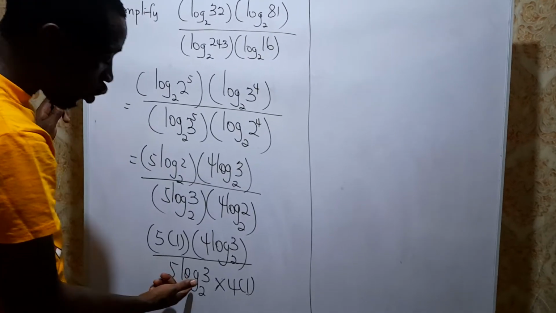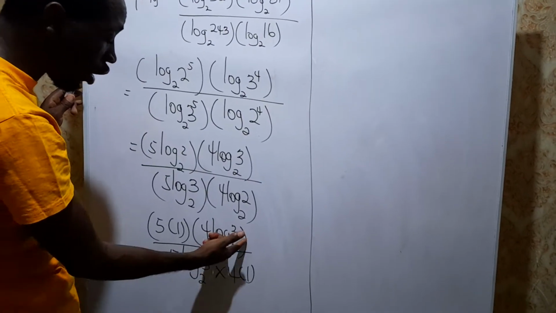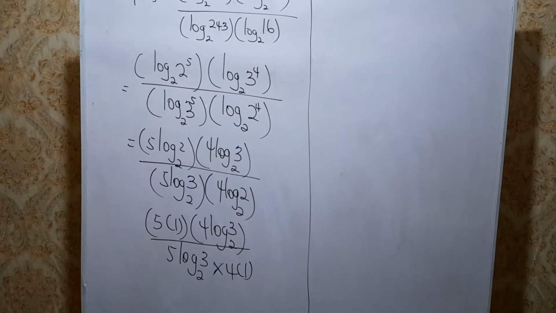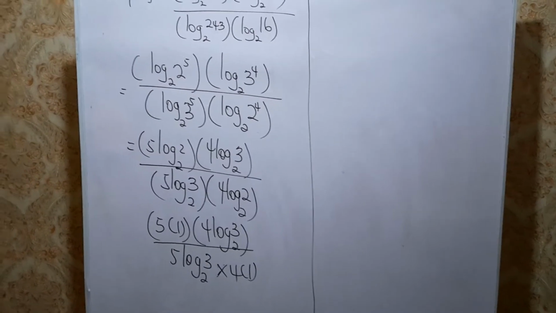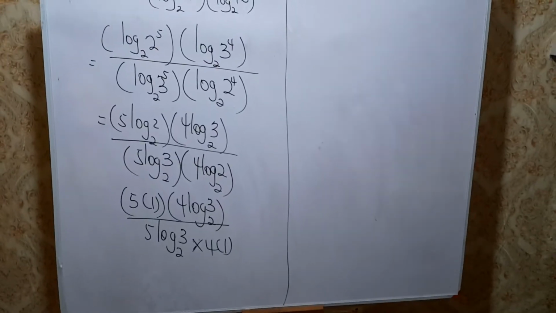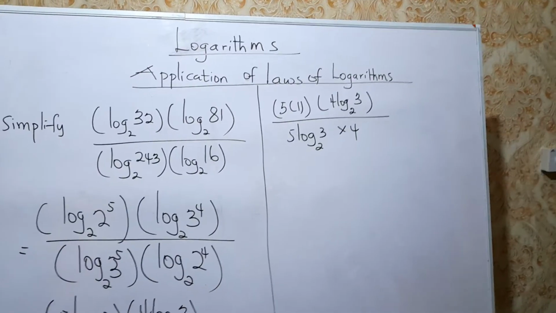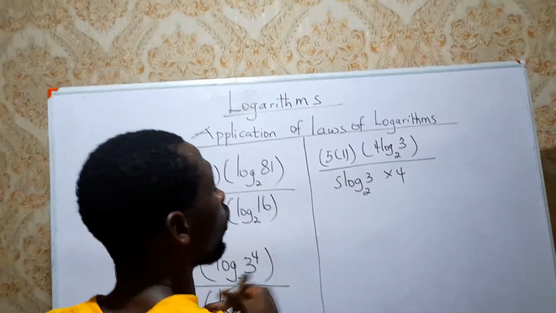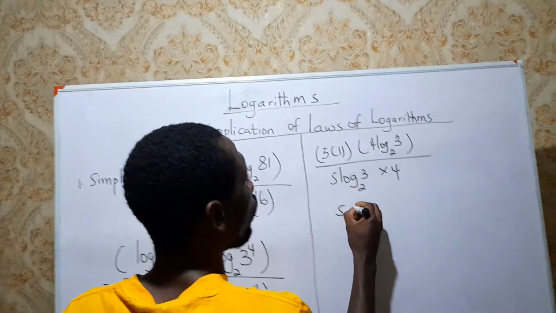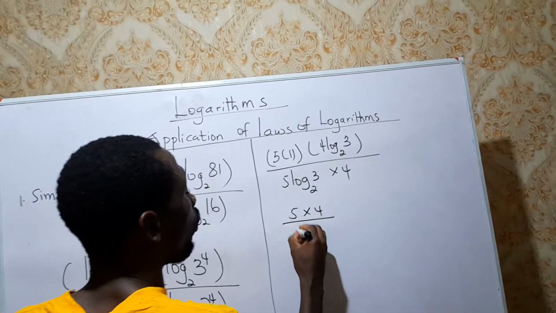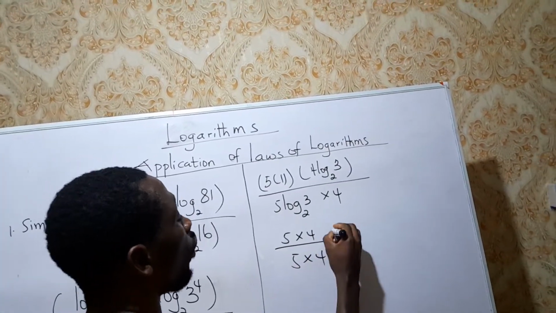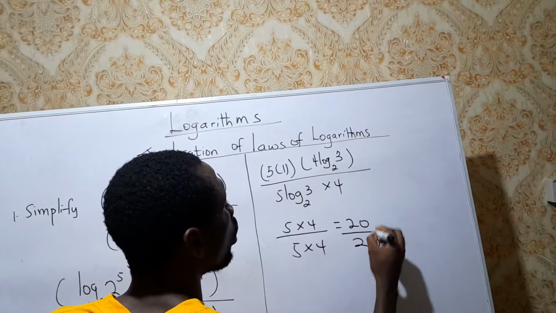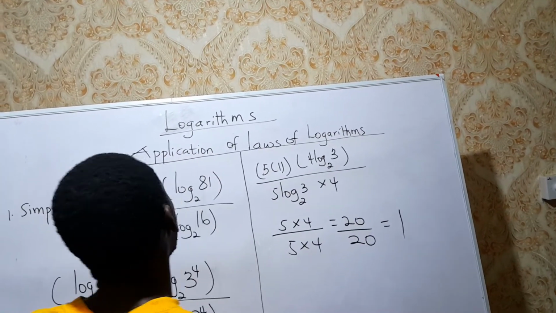Look at this. We have log 3 base 2. It can divide this log 3 base 2. So what will be left? What will be left there is 4, and here 5. So we have 5 times 4 over 5 times 4. 5 times 4 is 20, over this 5 times 4, 20. 20 divided by 20 is nothing but 1.